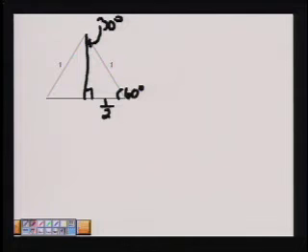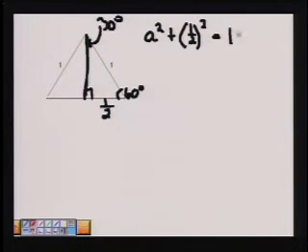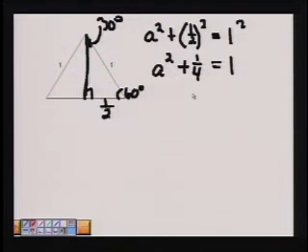Now we can use the Pythagorean theorem to find this other leg of our right triangle. So I have a squared plus 1/2 squared equals 1 squared. So a squared plus 1/4 equals 1.